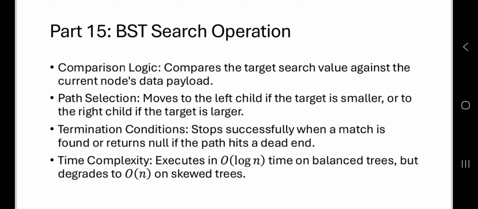The process has a clear termination condition. It stops successfully when a match is found, or returns null if the path hits a dead end. Its time complexity executes in O(log n) on a balanced tree, but unfortunately degrades to O(n) on a skewed tree.